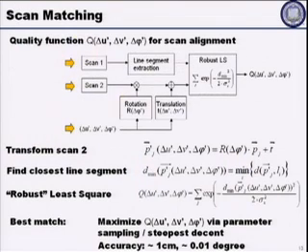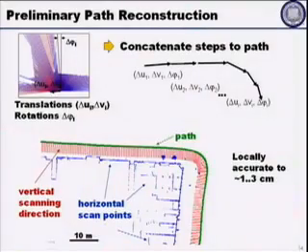And to do that, you solve an optimization problem, which I won't go into the details of. But once you do that, then you can recover these little vectors, delta U, delta V, and delta phi, and concatenate these in order to reconstruct the path. And this shows the reconstructed path by successive matching of the horizontal laser scans.